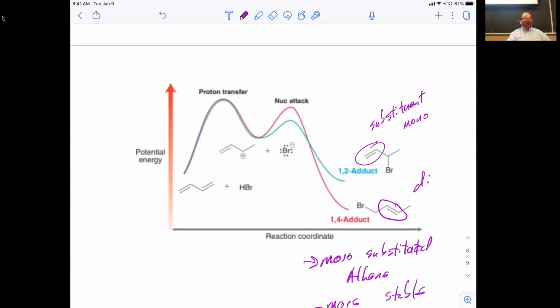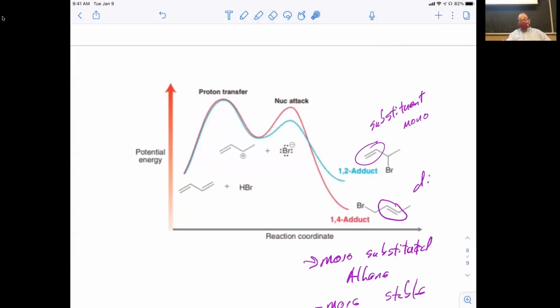And even though this nucleophilic attack to get to the 1,4 is higher, if I give that enough energy, it will go through this path to get here, because there's a bigger energy gain here than there is an energy gain here. So by giving it enough energy, I can make it go to the 1,4. So the thermodynamic product is what? The most stable product. Okay.